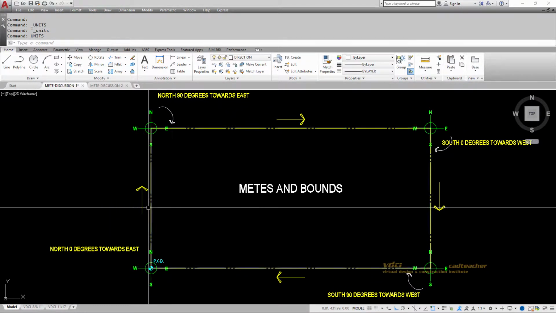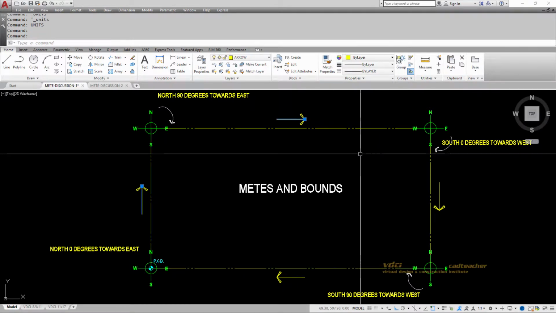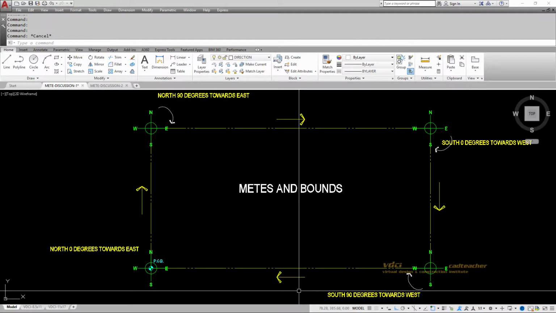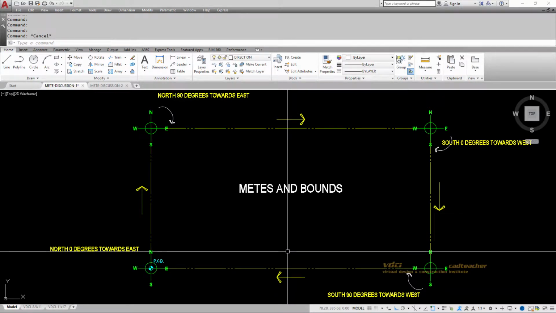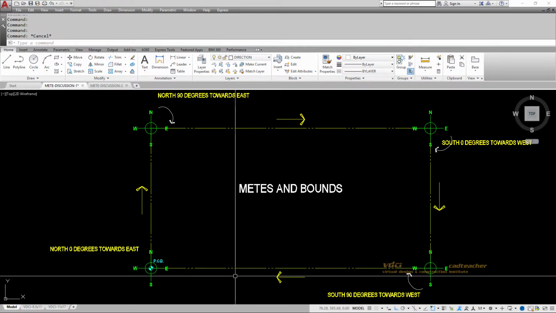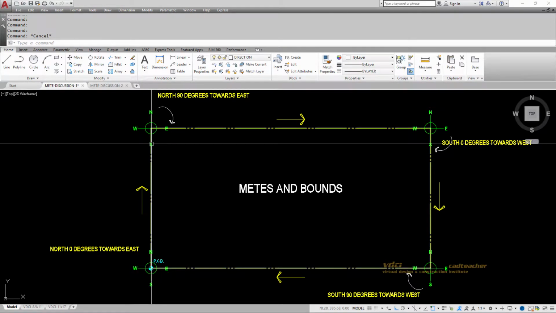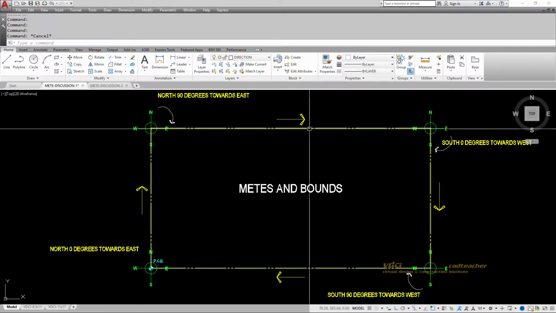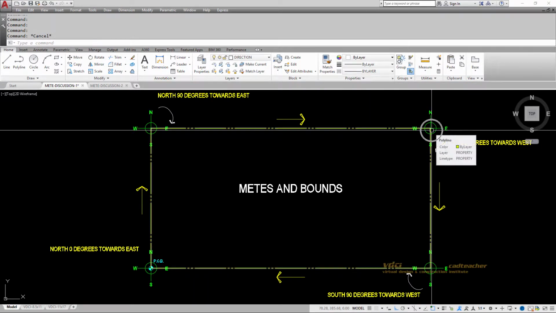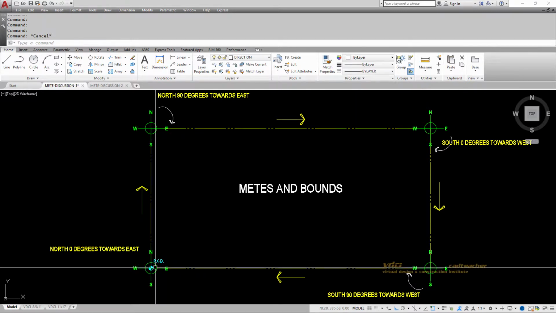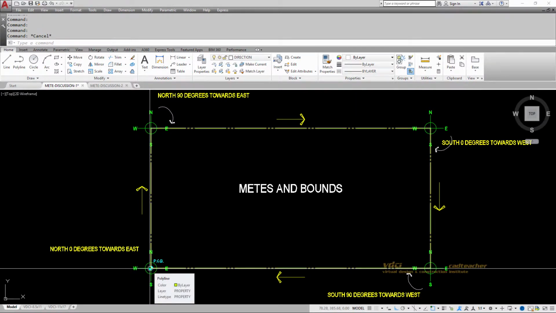So these arrows represent the order in which the surveyor, in this particular example, would be measuring the length and direction of the property line. They would start off at a point of beginning, go up, measure to here, go this way, measure to there, go down here, measure to there, and then come back and close it at their point of beginning.